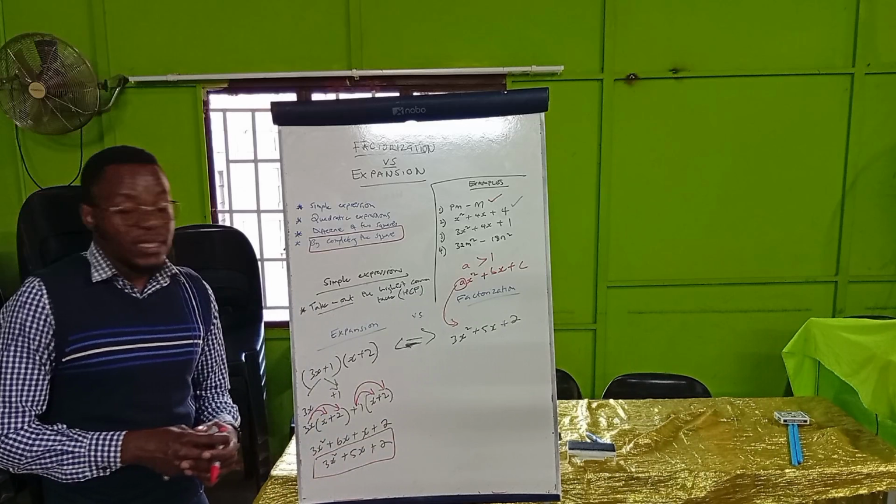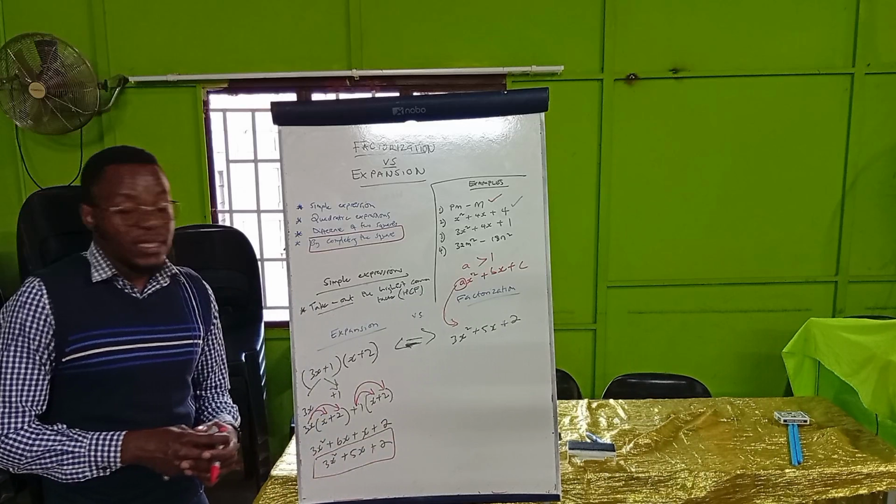But if the value of A, like in this case, is greater than 1, we need to focus on all the terms: focus on A, focus on the middle term, and also focus on the constant.